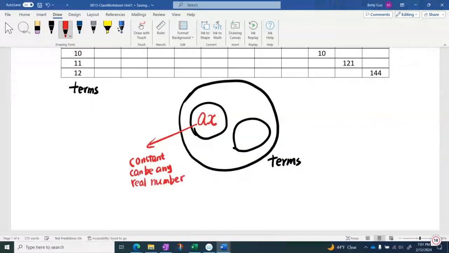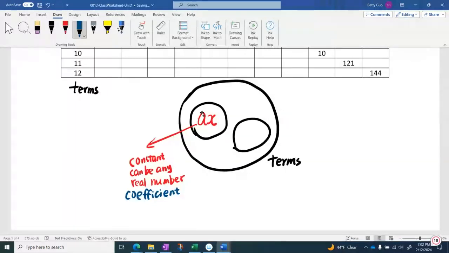And this constant A is called the coefficient of the term. Okay, A here is called a coefficient. You are going to hear coefficient a lot. Anyone ever heard that mathematics is a language? It is a language, okay?